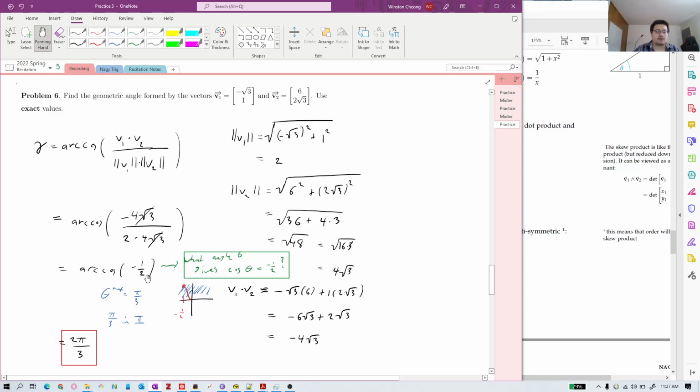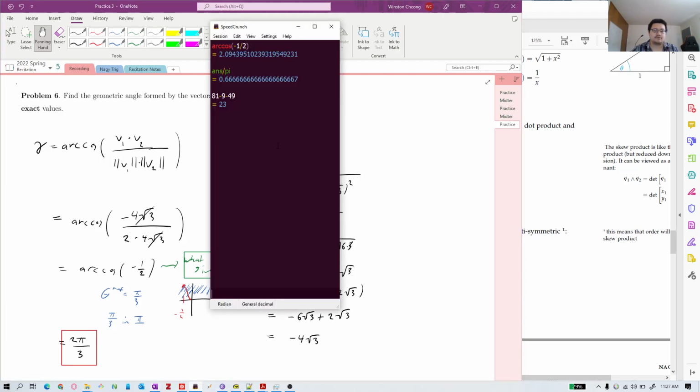Okay. So now we're thinking, what does this give back? One comment is that you could plug this into a calculator, but you might not recognize the value. So if you plug arc cosine of negative 1/2 into a calculator, you're going to get this decimal, and well, that may not be recognizable.